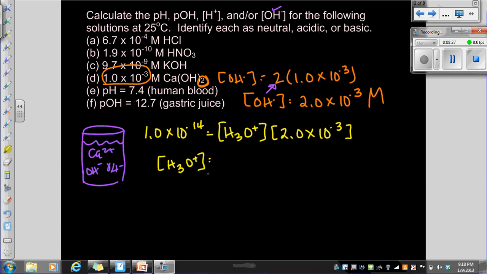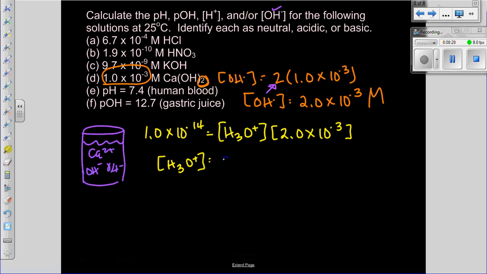And when I do that, I get 5.0 times 10 to the negative 12th molar. So that tells us the hydronium ion concentration.